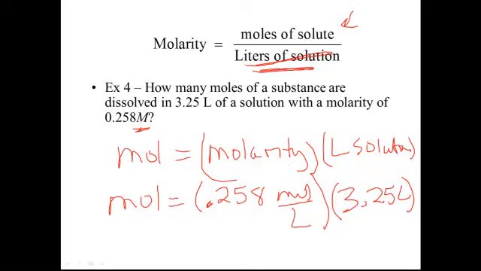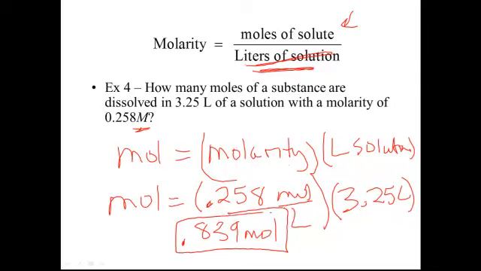Clearly now all we need to do is multiply those two numbers. So 0.258 times 3.25 equals 0.839 moles. And again, that's moles of the solute. They don't tell us what it is, so it doesn't matter. But that is our final answer there.